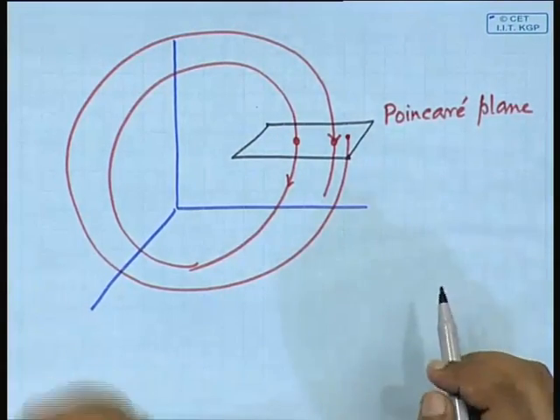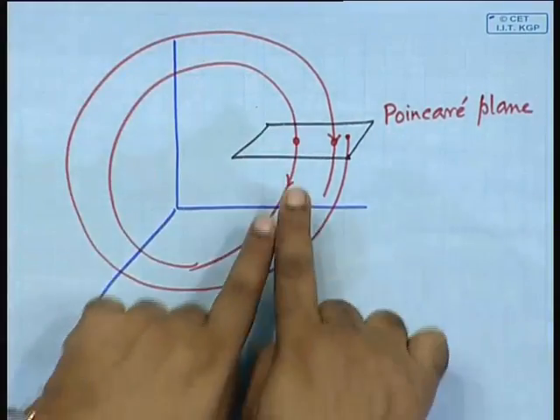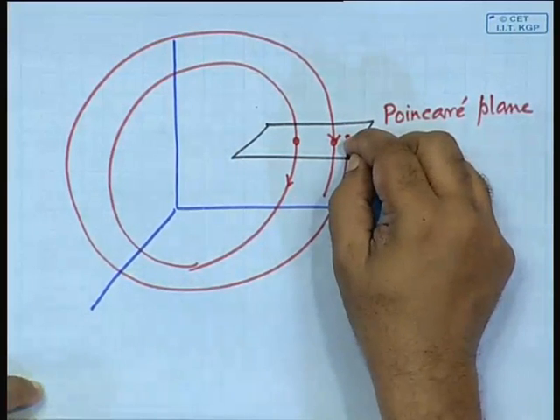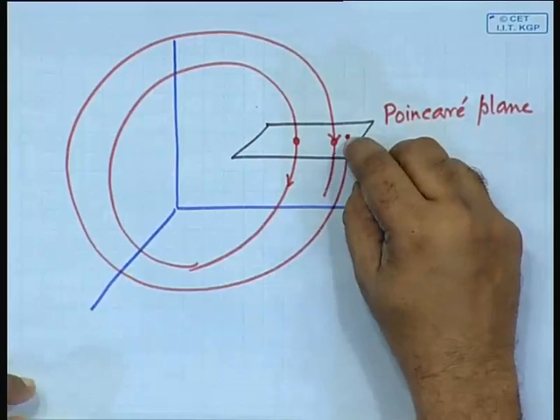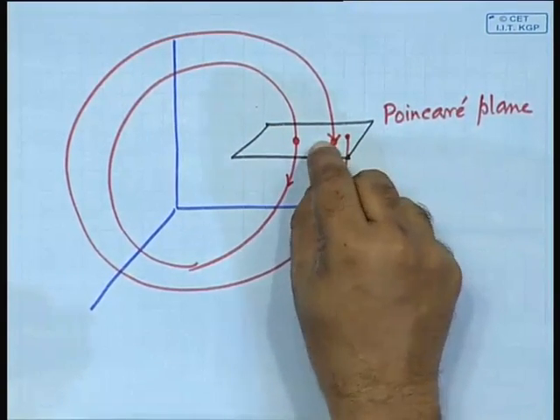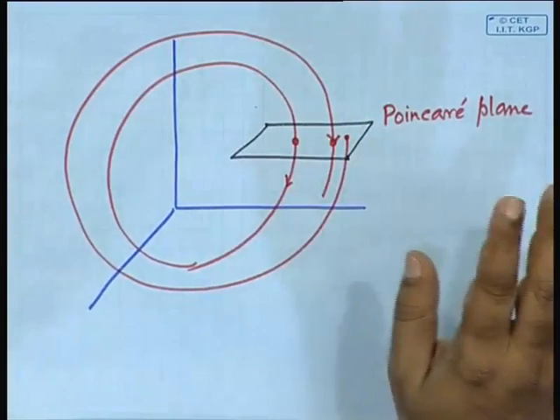So, imagine that now you forget about the whole orbit and you are concentrating only on the plane. What happens on that plane? You will see a point, and then after some time you see another point, after some time you see another point, and so on and so forth in general. Clear?